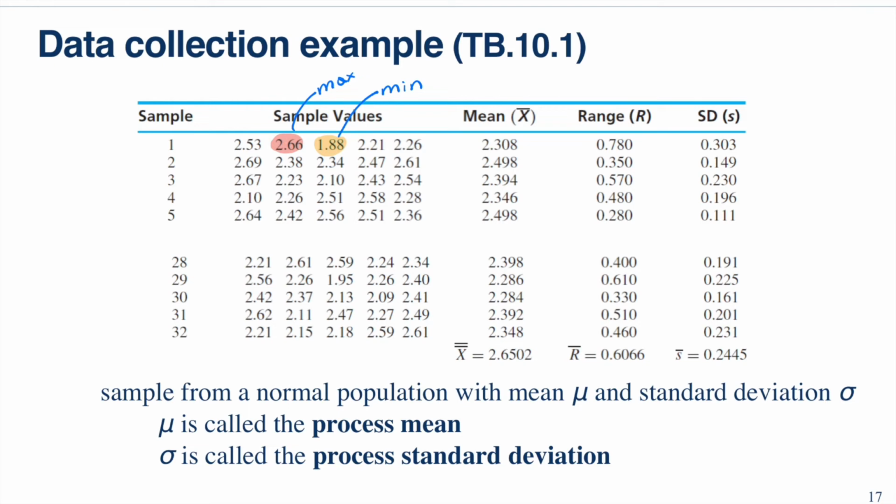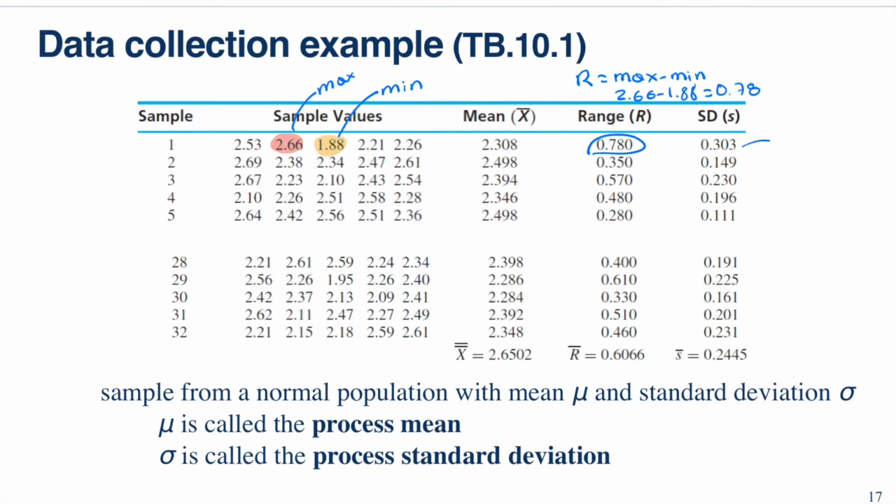So the range is equal to the max minus the min. In this case we have 2.66 minus 1.88, so we do the math and the result is 0.78. So 0.78 is the max minus the min. So that's the range, which is an approximation of the standard deviation.